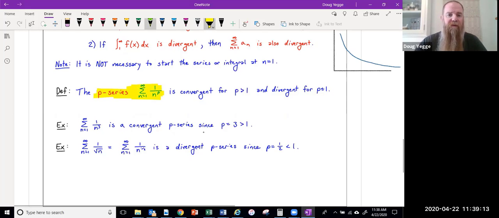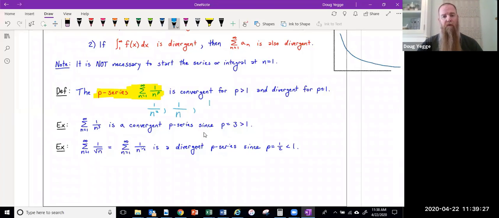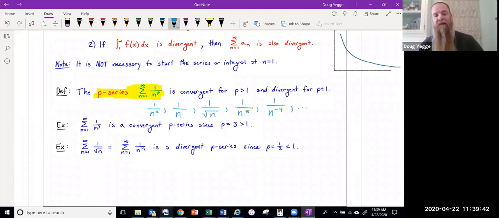In other words, a series of 1 over n squared, or 1 over n to the first, or 1 over the square root of n, that's n to the 1/2, or 1 over n to the 5th, or 1 over n to the -4, or any of these. These are considered p-series.